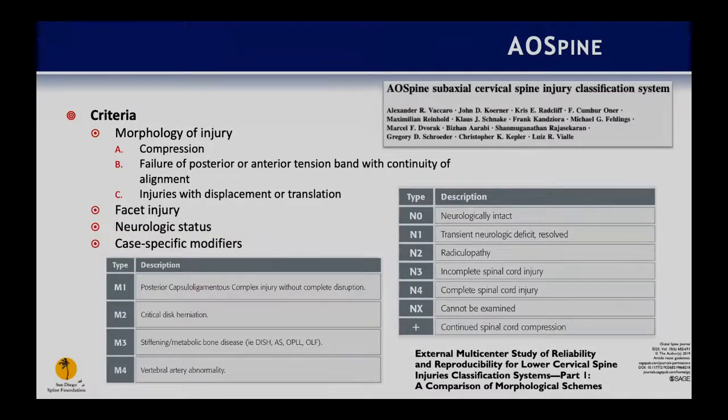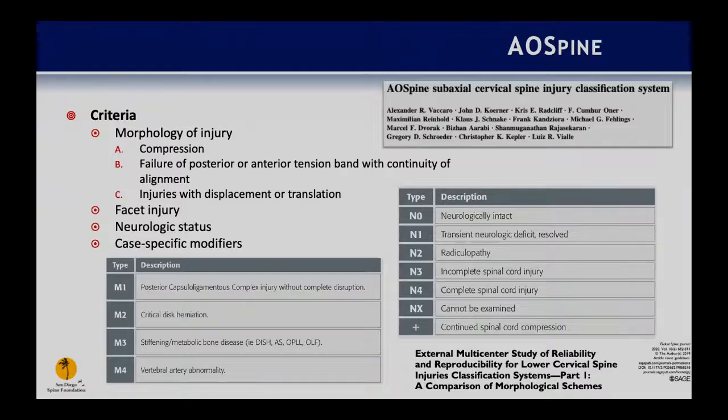So this looked again to try to better describe the morphology and have better agreement amongst evaluators of these injuries, and then still wanted to include some of the good things of the SLIC classification that helped to guide treatment, including that they have the neurologic status and the case-specific modifiers here.